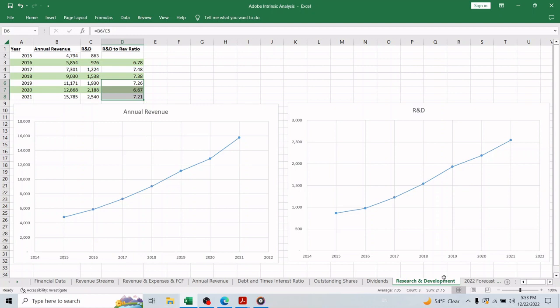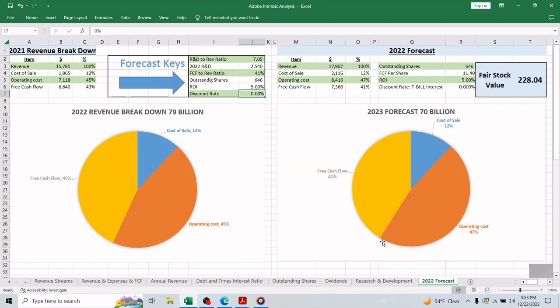Now I think we have all the forecasting keys: the research and development to revenue ratio, the actual research and development expense in 2021 that was spent to develop 2022 and other future products, the free cash flow to revenue ratio, and the outstanding shares, the same as the outstanding shares of Q3 of 2022.